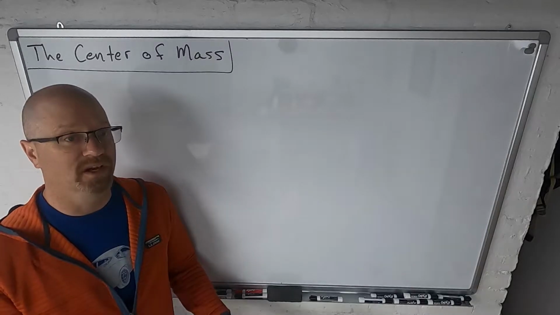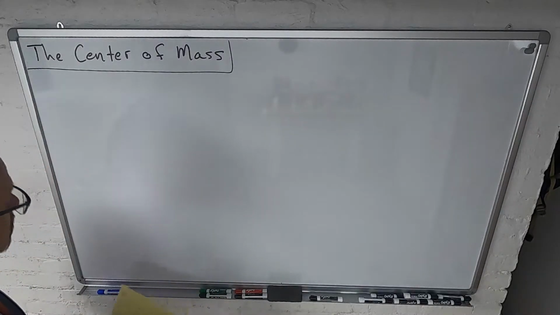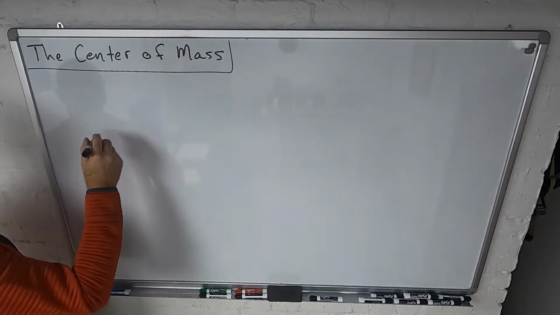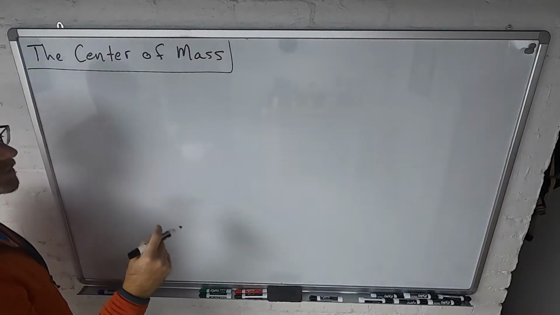It's a weighted sum of all of the positions of the particles. And so, to write that down, the center of mass describes the position points of a collection of particles within a system.